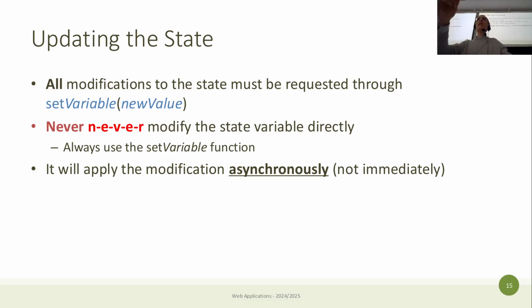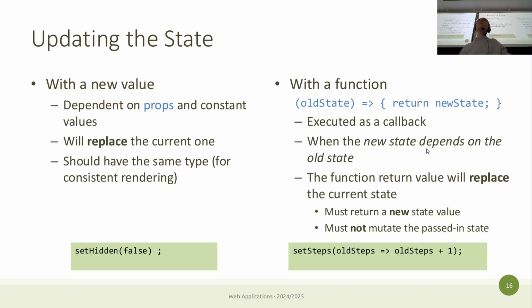Okay, so at the next iteration of rendering, the state will be updated with the new value. We will see some examples in a few moments when we have a more complex state like a counter. Okay, so how can we update the state? It's easy.